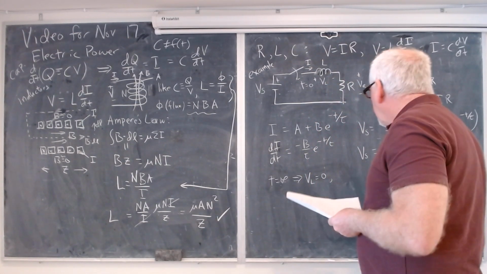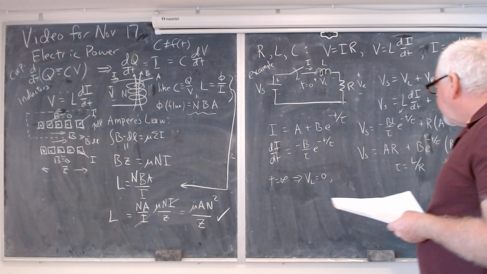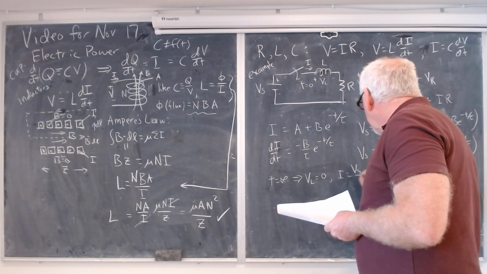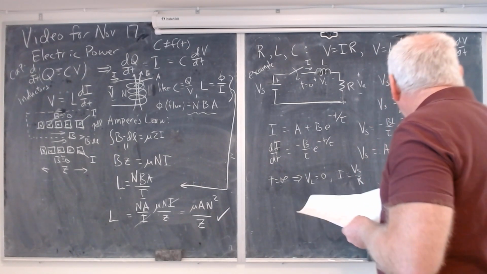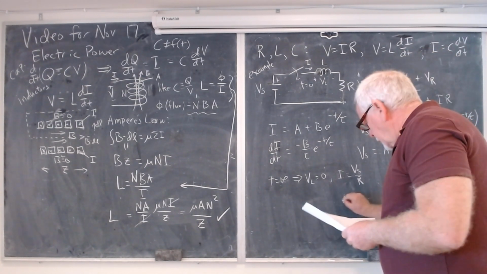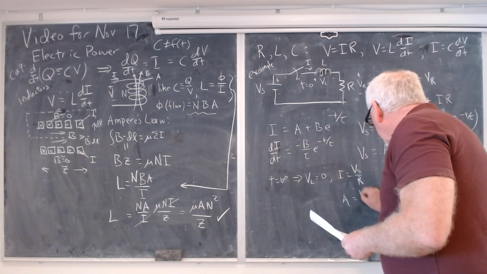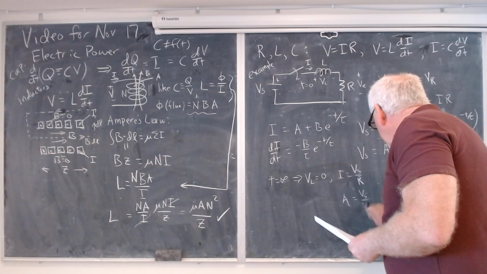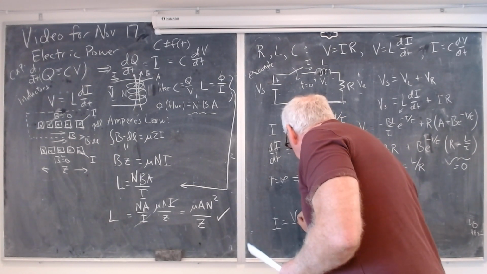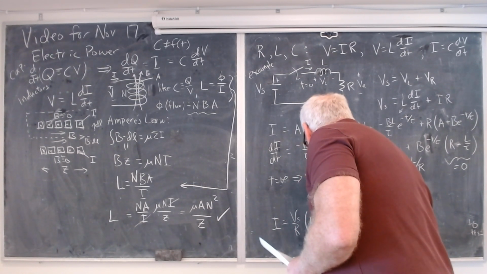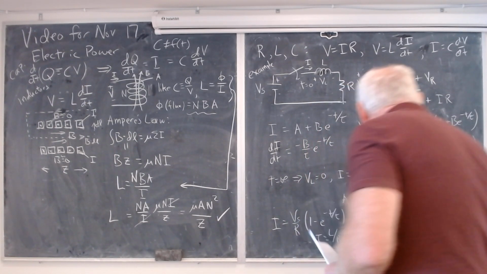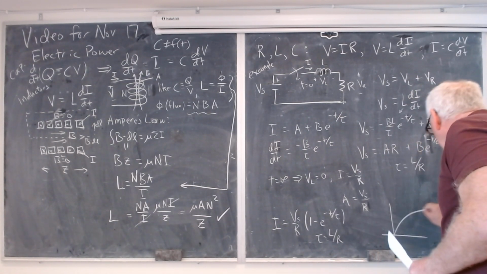Right, and so you know that at t equals infinity, I has to equal Vs over R. And what that means is that A is equal to Vs over R. And so finally you write down that I is equal to Vs over R times 1 minus e to the negative t over tau, where tau is L over R. And so if you were to plot that, it would look something like this.